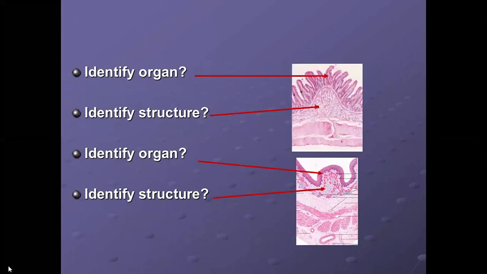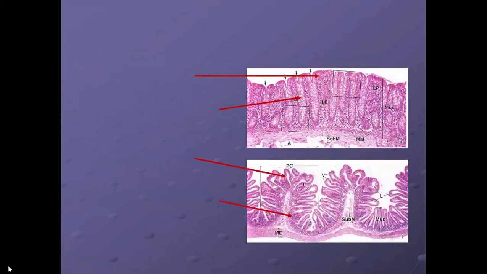Identify organ. Oh, madali yan. Identify structure. And then again, identify the organ. Identify the structure. Next. Identify organ.